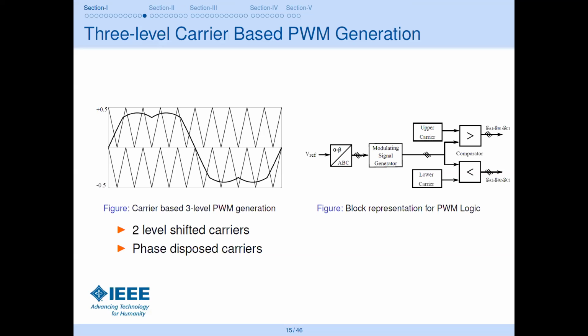Those triangles are compared with the modulating wave. When the modulating wave is compared with the upper triangle, you generate the PWM pulses for inverter 1, and when it is compared with the lower triangle, it generates the PWM pulses for inverter 2.